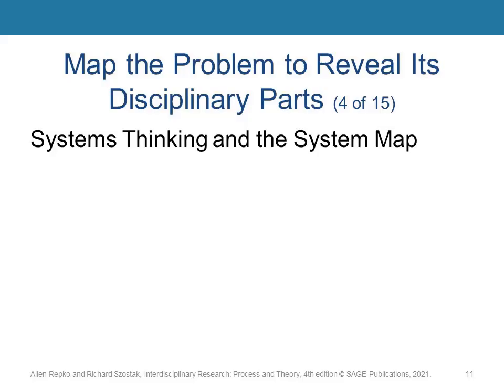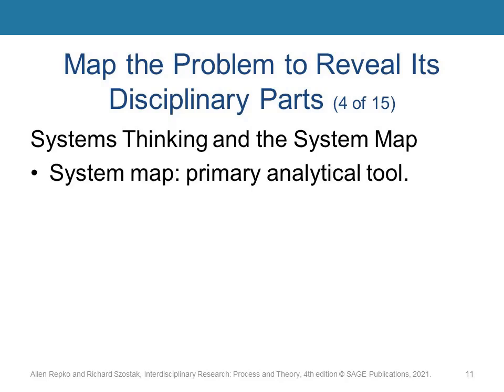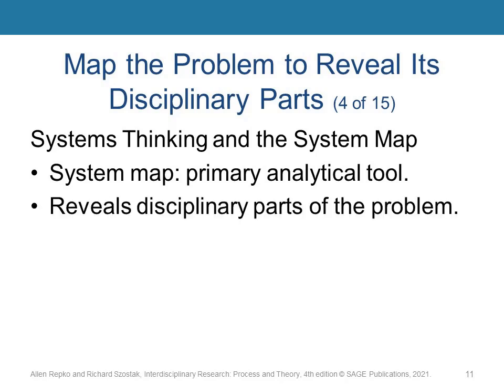One of the maps that interdisciplinarians often use is the system map. Here, the problem or research question serve as the system, and the map shows all the parts of the problem or the system, as well as the relationships between the parts.